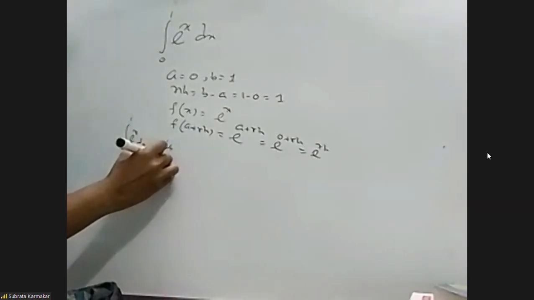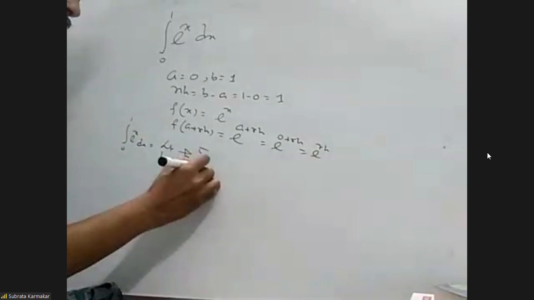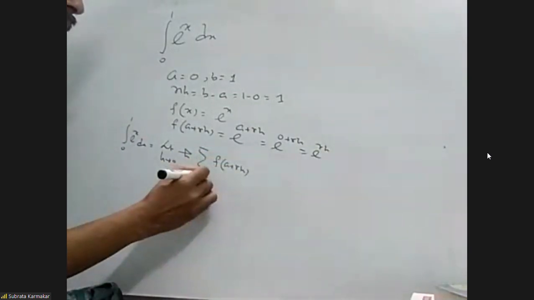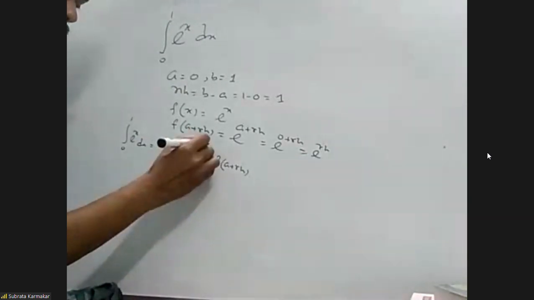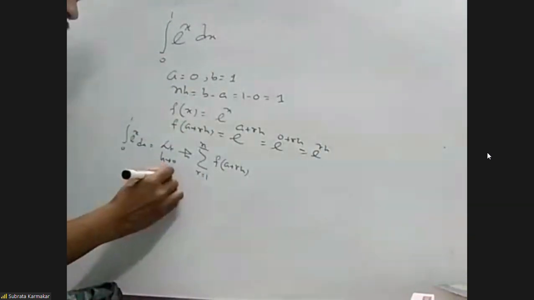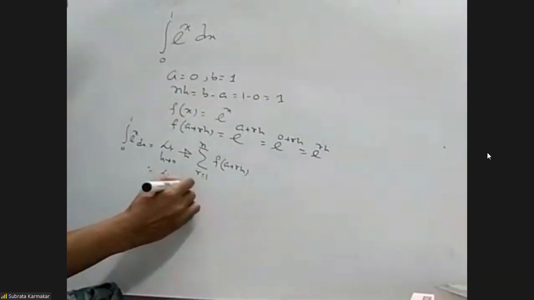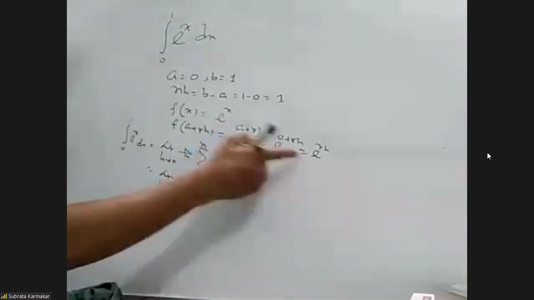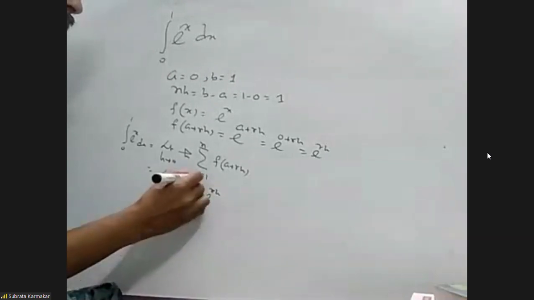Limit h tends to 0, h into summation f(a + rh), r from 1 to n. Now, limit h tends to 0, h into summation f(a + rh), which is already e to the power rh, r from 1 to n.